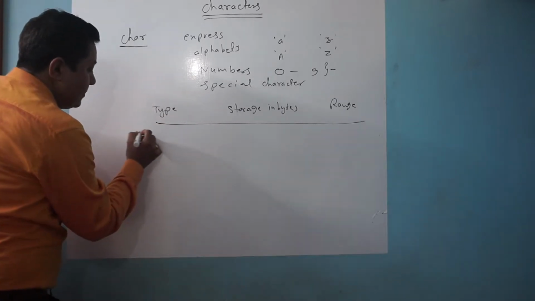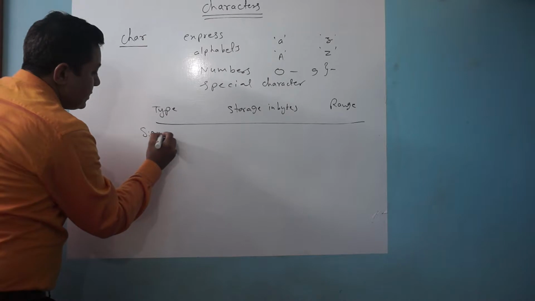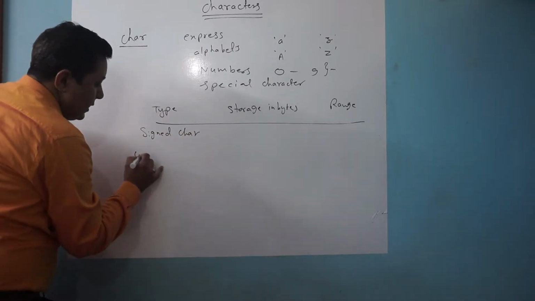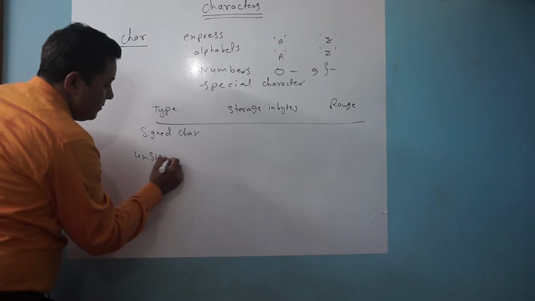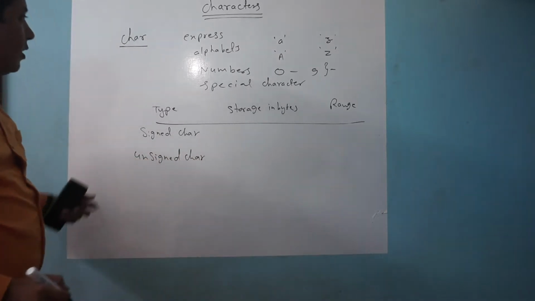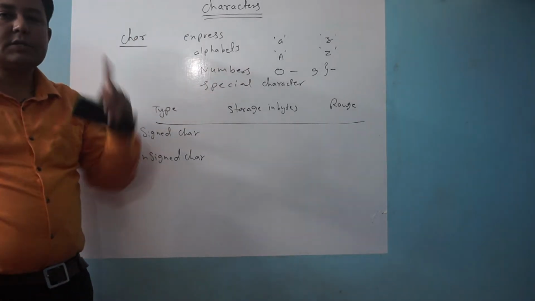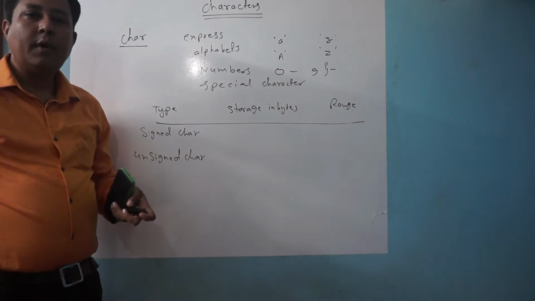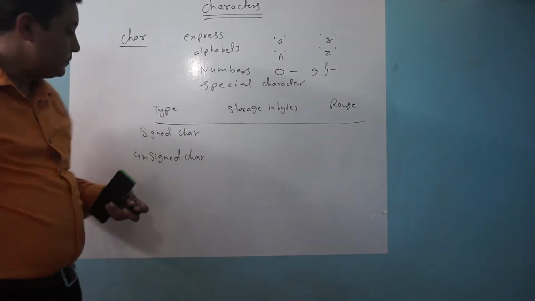That is one, signed character, and the other one, unsigned character. That means we can also apply a sign, plus or minus, in alphabet representation.